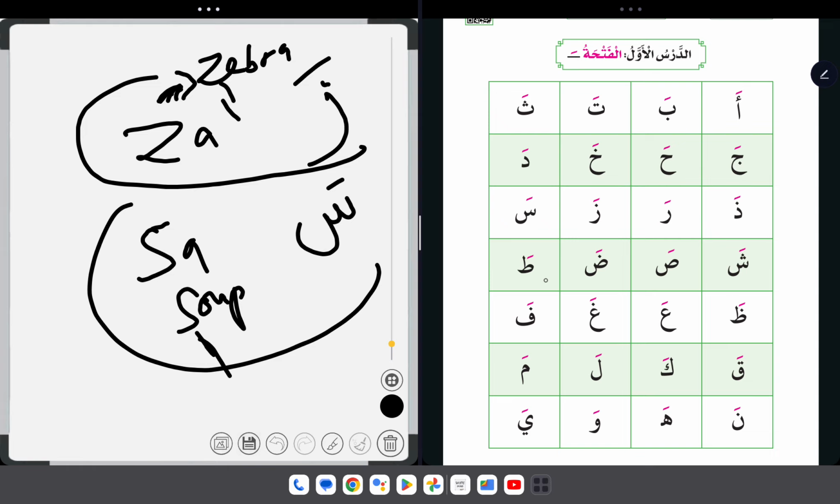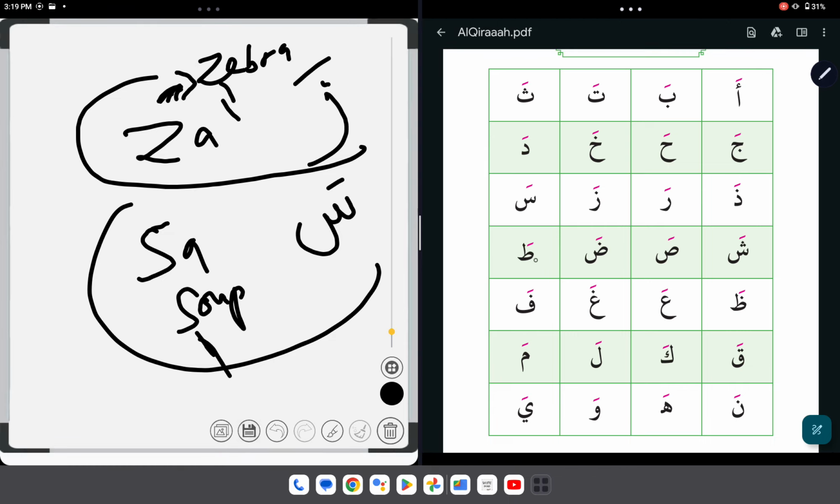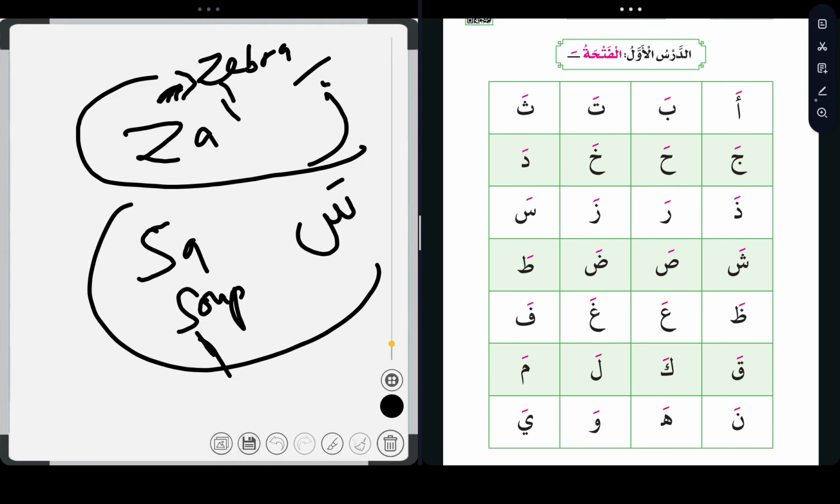And the letter to, when it carries fatha, becomes to. And letter dho, when it carries fatha, becomes dho. And the letter ain, when it carries fatha, becomes a. And the letter ghain, when it carries fatha, becomes gha.